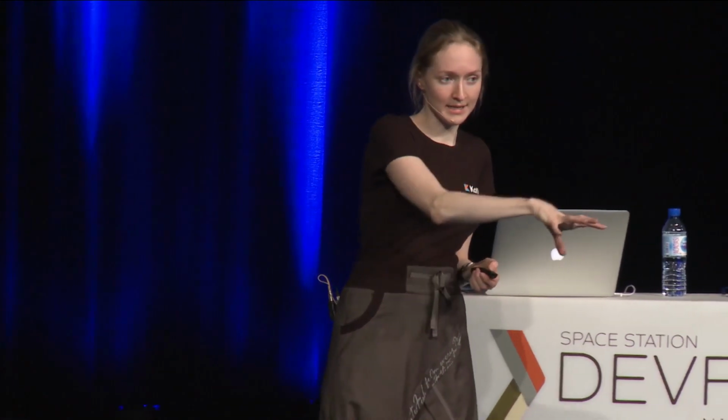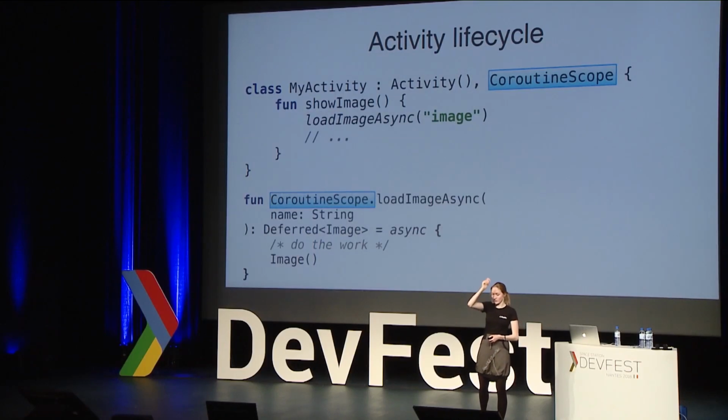In the case of activity, we have onCreate and onDestroy. On create, we create a so-called job. The job represents the lifetime of the activity. Whenever inside your activity you call async, launch, or your custom async functions, they are bound to this job.